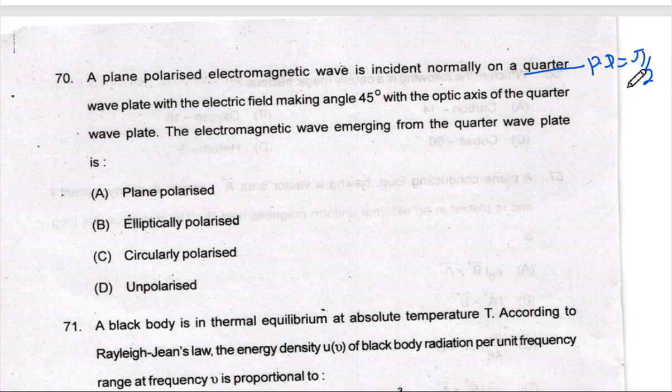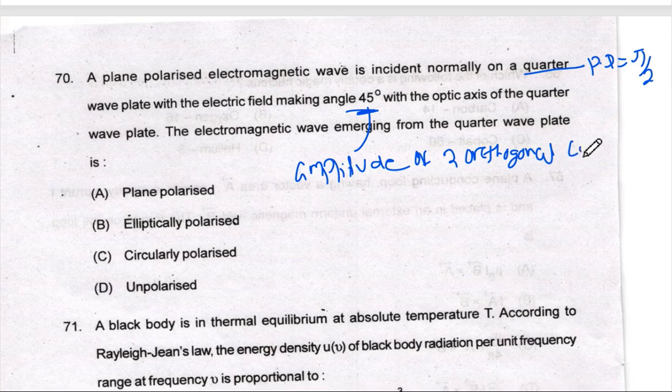As it produces a phase difference of pi by 2 and makes an angle of 45 degrees with the optic axis, it indicates that the amplitudes of the two orthogonal components are equal, that is E1 equals E2.